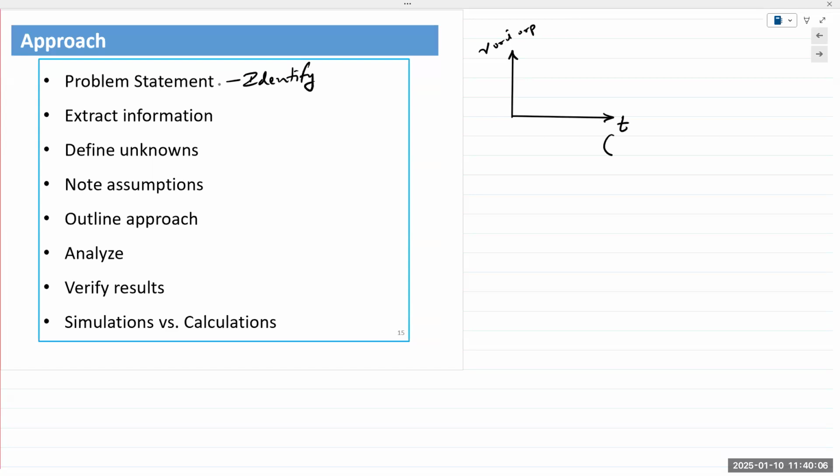The T would be in seconds or milliseconds or microseconds or even nanoseconds. If you miss the unit prefix, if there's a milli in there and you did not take that into account, your entire solution is off by a factor of 1,000. So you would do everything correctly, but your answer would be incorrect.